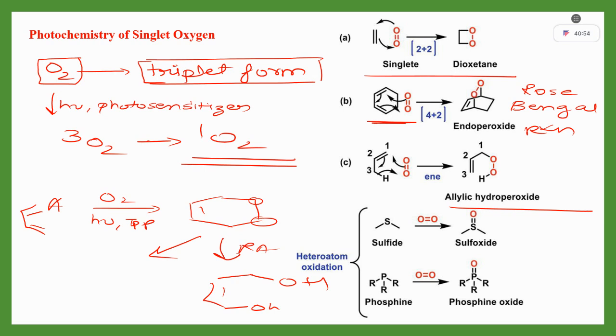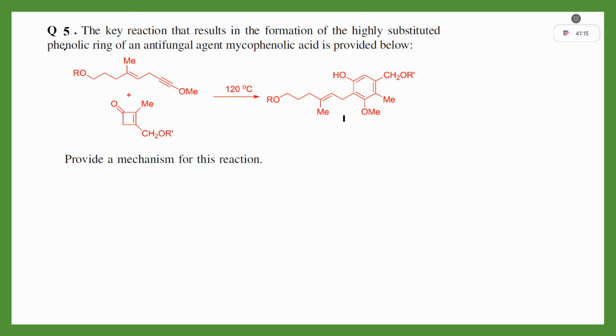Another thing you should know is which different types of reactions singlet oxygen can undergo. One is 2 plus 2, then 4 plus 2, and then the ene reaction. In total, you should remember these three classes of reaction of oxygen at least. Okay, let's move to the next problem.